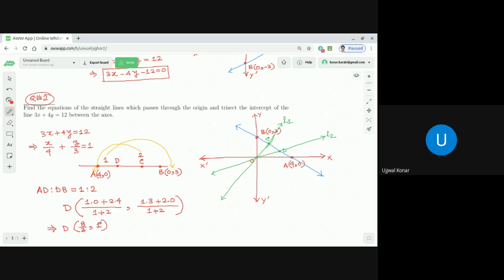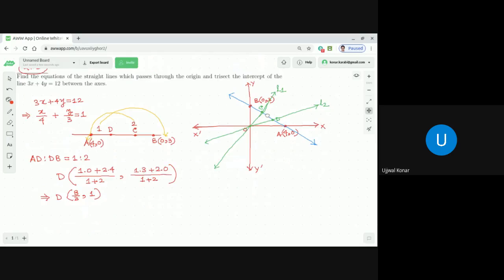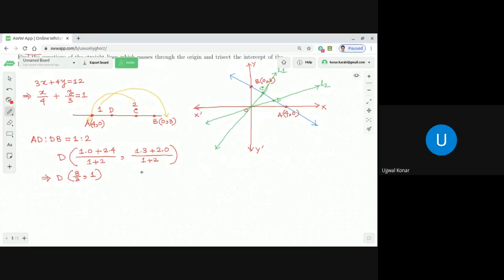So now it is very easy to find the equation of the straight line OD, correct? What is the equation of the straight line OD, which passes through two points? One is the origin and the other is 8 by 3, comma 1. So how can we find the equation of the straight line OD? Please do along with me, dear students.